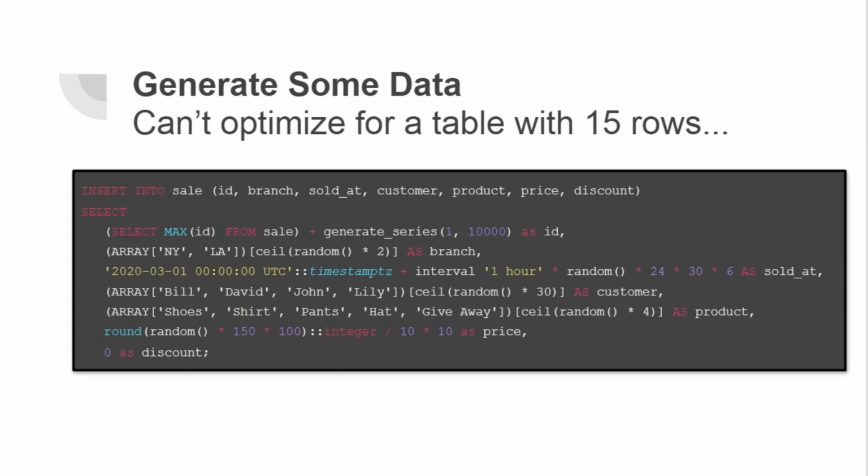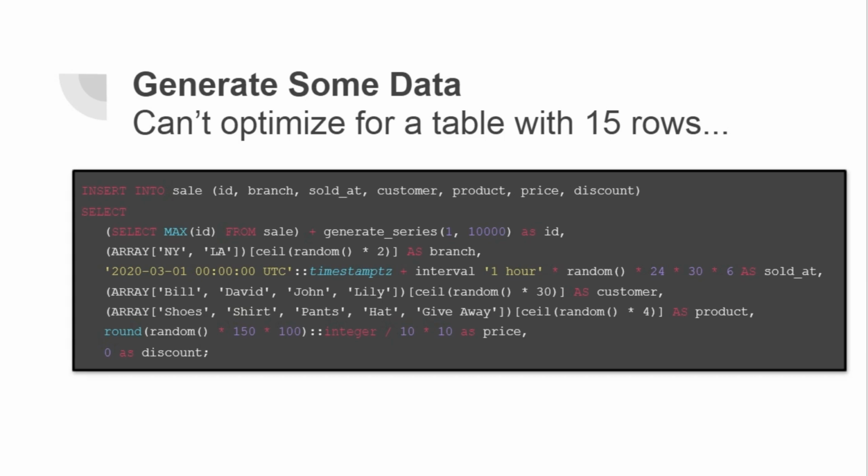Next, we are using our interval trick to generate sold at. So we take the 1st of March and we add a random number of hours to it, which is 24 times 31 times 6, which is 6 months. This is rough, yeah? I know.